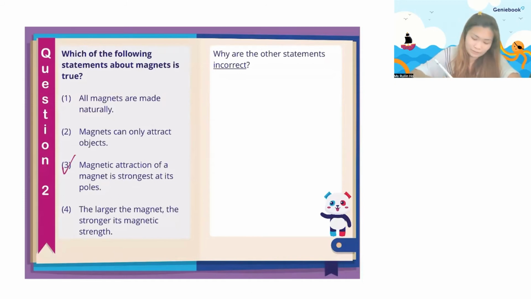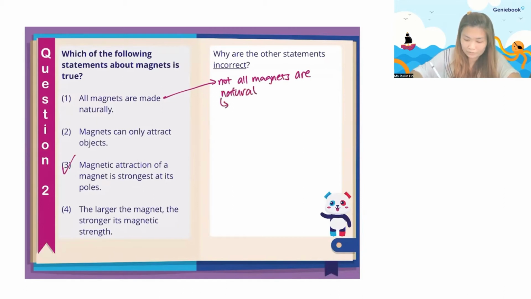So for the first statement, we understand that not all magnets are natural, because we have man-made magnets. So that's the first thing. Next, they ask, magnets can only attract objects.